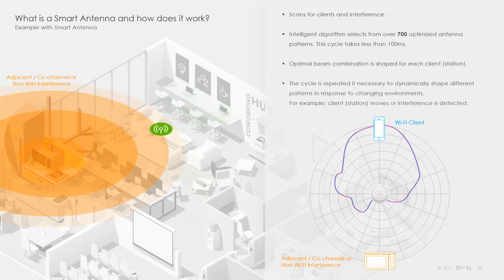So it's optimizing the signal, focusing that signal towards the client so you get better range, but also because it's tailoring the signal pattern, it can ignore interference from other sources. With 6 gigahertz, the main benefit here is being able to direct that signal towards the client device, because 6 gigahertz is high frequency, which means it's got lower range. So smart antenna helps boost that range and get you better performance than you would have without the smart antenna technology.